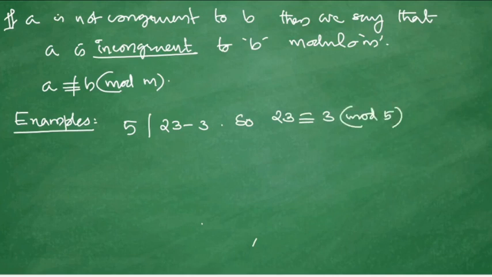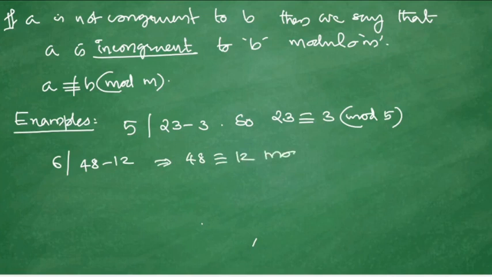Similarly, 6 divides 48 minus 12, that is 36, so 48 is congruent to 12 modulo 6.